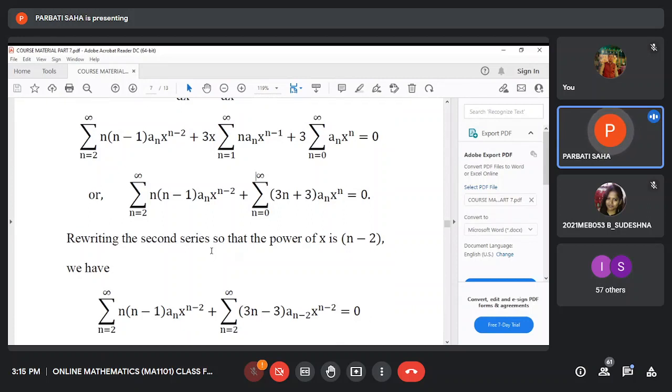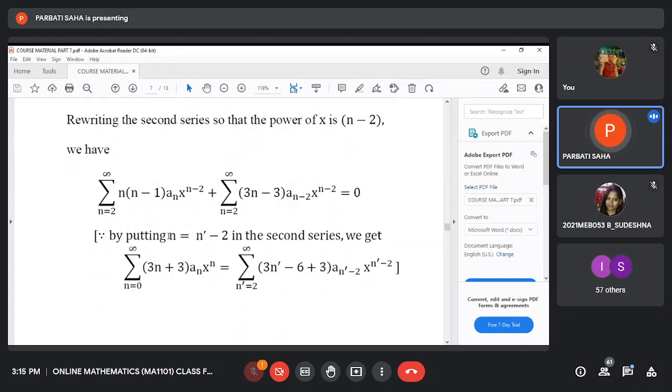Now we rewrite the second series so that the power of x is n minus 2. The power of x is n minus 2, because this term contains x to the power n minus 2. So we reduce this term to have the same power, that is n minus 2. So we replace n by n' minus 2.